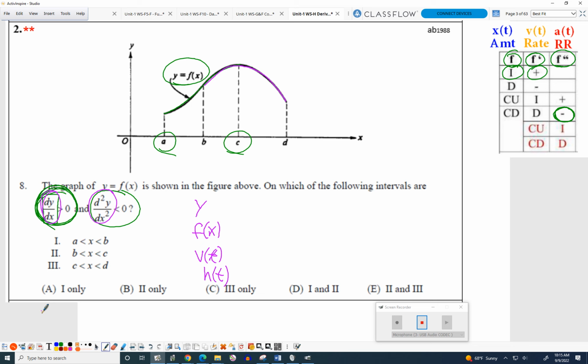The first derivative of that function, they sometimes will call dy dx, or sometimes y prime, sometimes f prime, sometimes f prime of x. In this case it would be h prime of t, or they'll call it dh over dt, or dv dt.